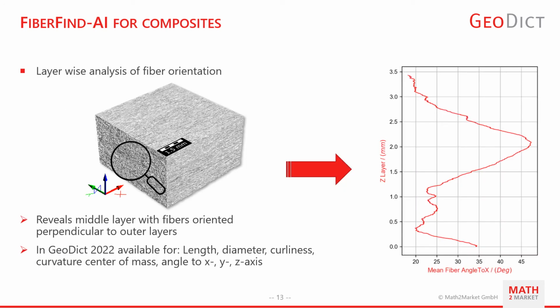Of course, we also want to come up with some stuff on our own. So we added some new things you can compute in Geodik 2022 using FiberFind. And one of these things is the layer-wise analysis of fiber properties. Here you see a composite sample where you have really densely packed short fibers.